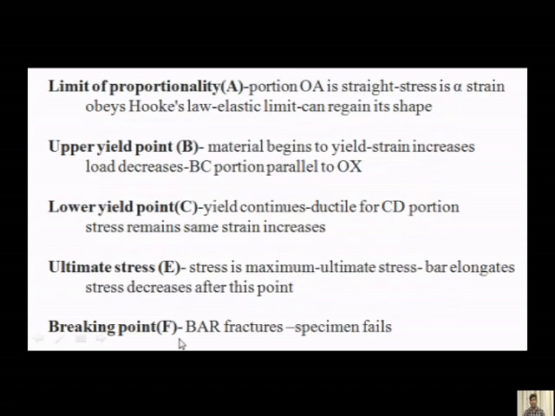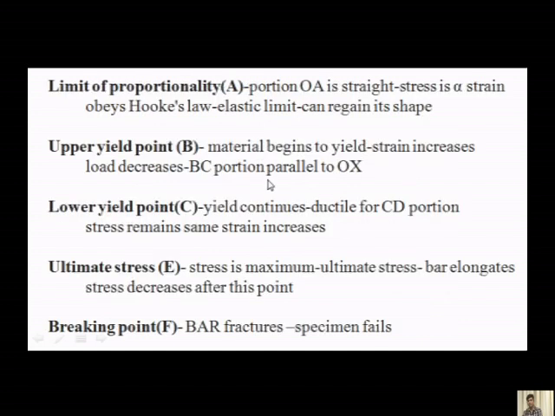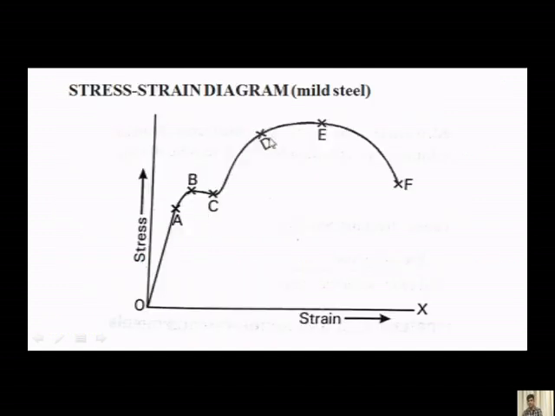Now point C, yield continues and the material behaves like a ductile material. See here in this portion, the CD portion, the material starts behaving like a ductile material, and stress remains the same and strain increases, up to the ultimate stress point, that is E. See here E, this point is known as the ultimate point.